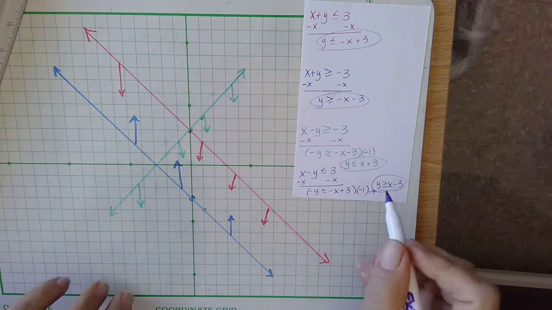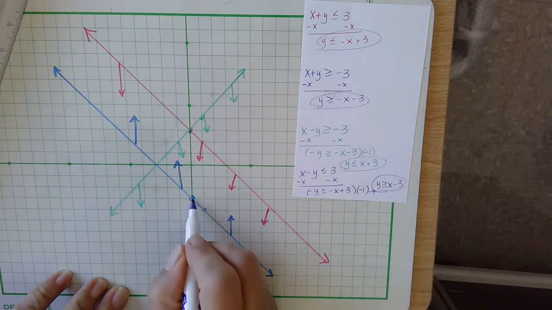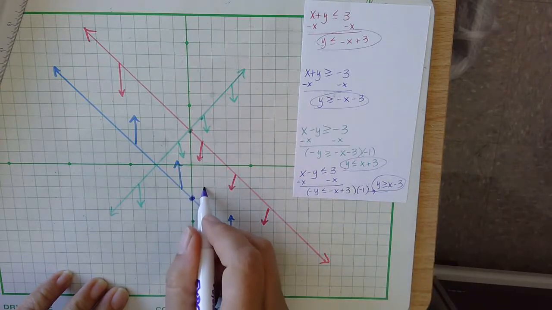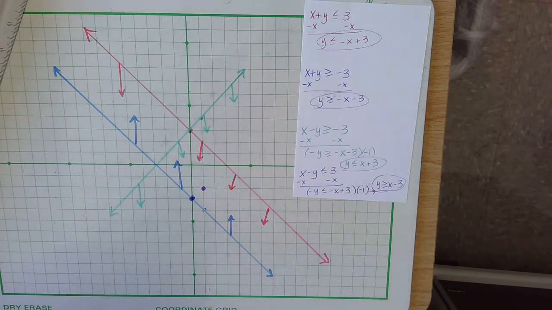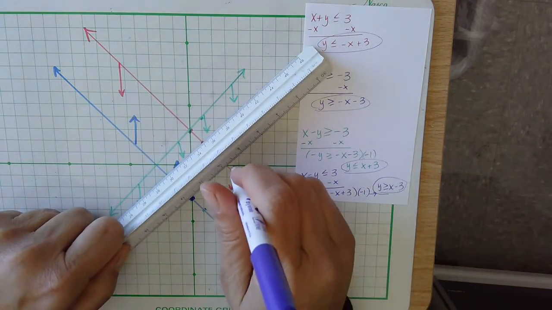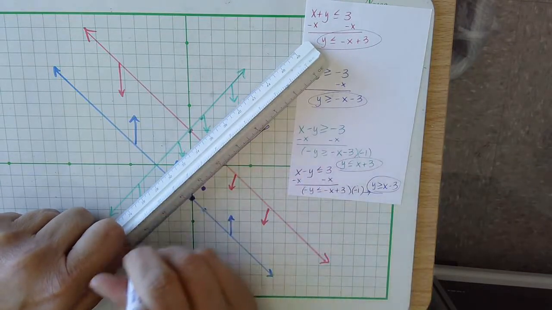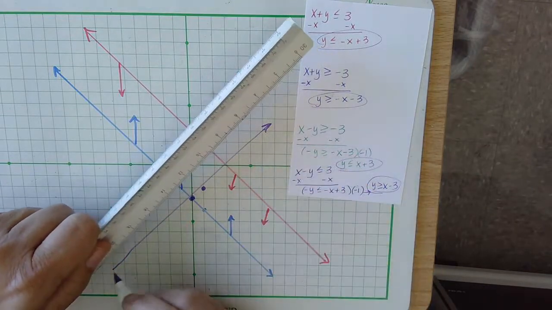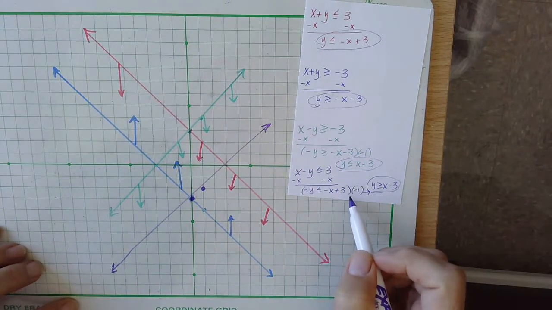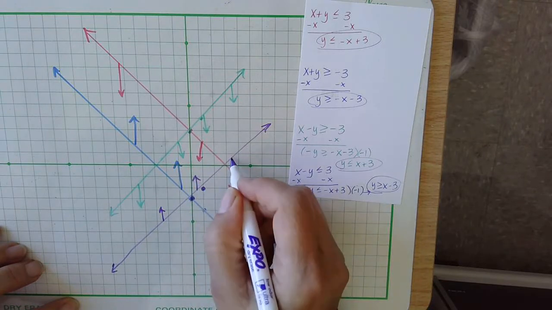And this last inequality, y greater than or equal to x minus 3. My y-intercept is negative 3. My slope is positive 1. And my solutions are above this line because it's greater.